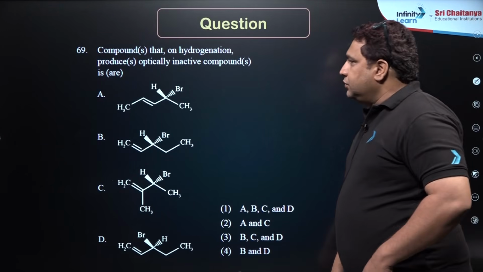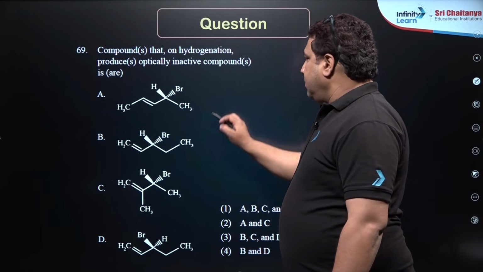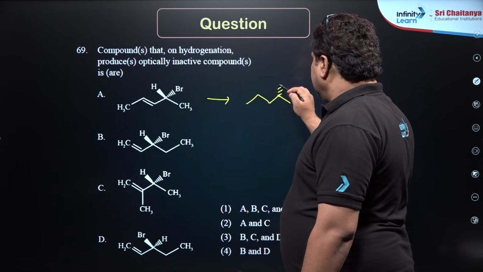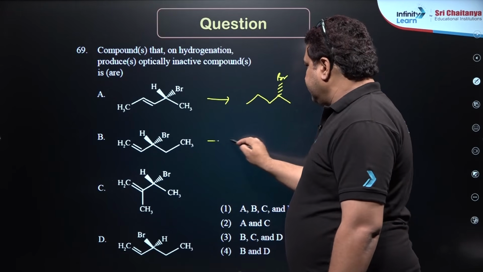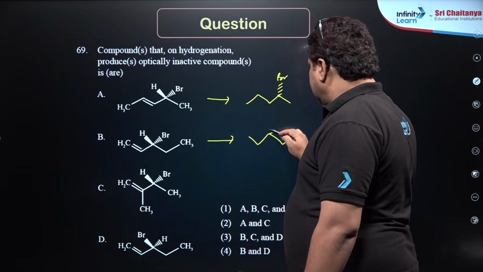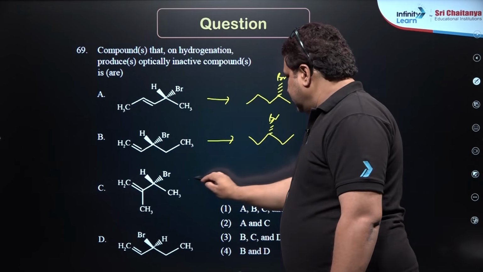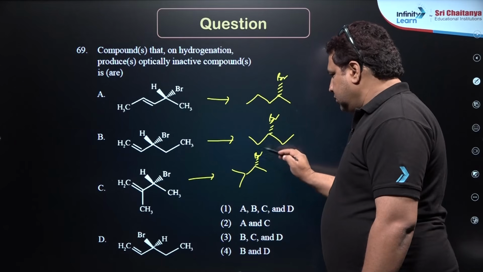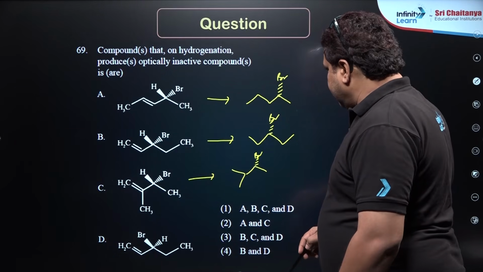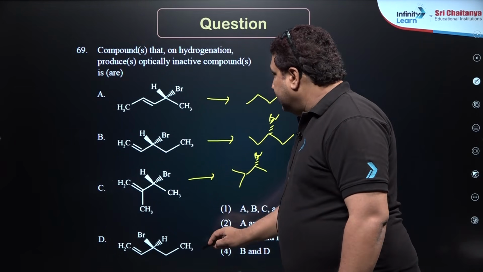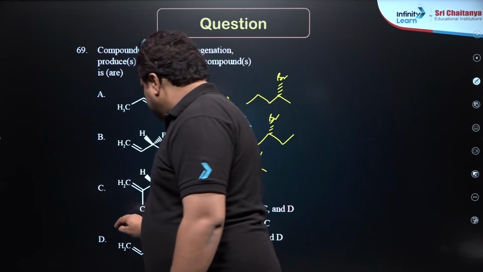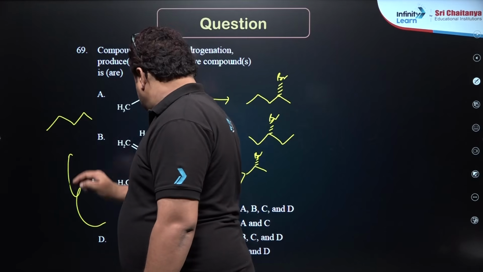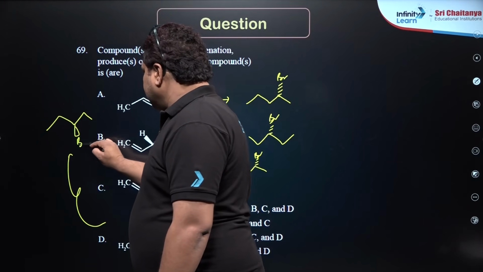Compounds that on hydrogenation produce optically inactive compounds. So, if you see, here on hydrogenation you got this, here you got this, here on hydrogenation you got this, and this one. Bromine is above the plane.